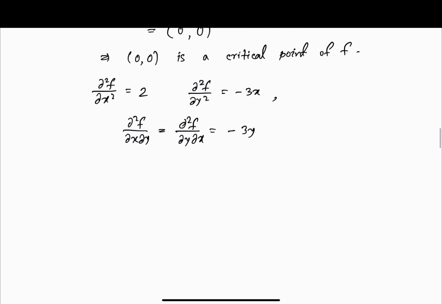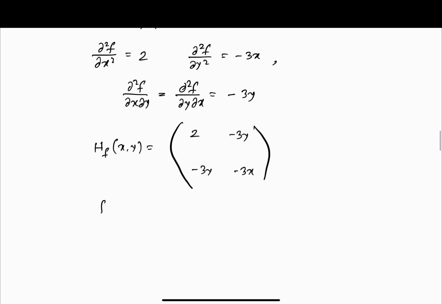So then what will be the Hessian matrix? H of f at a general point (x, y) will be ∂²f/∂x², which is 2, then −3y, −3y, −3x, right?